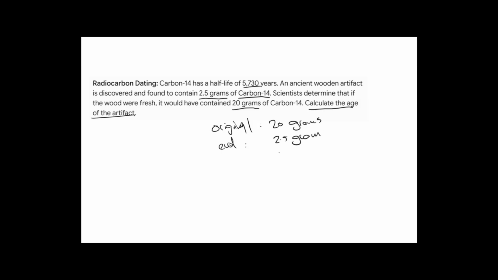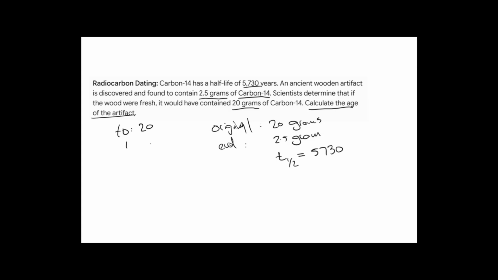And we know that the half-life, the time it takes for half of it to decay, is 5,730 years. All right, let's do a couple of things. Either we can do it by hand. We could say, okay, so time equals 0, there is 20 grams.